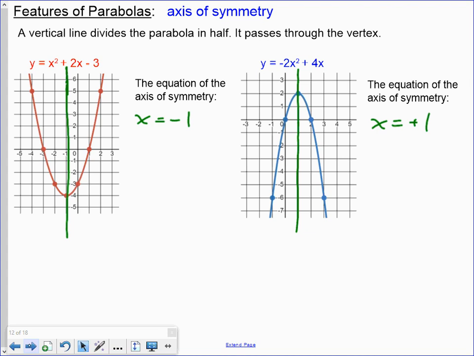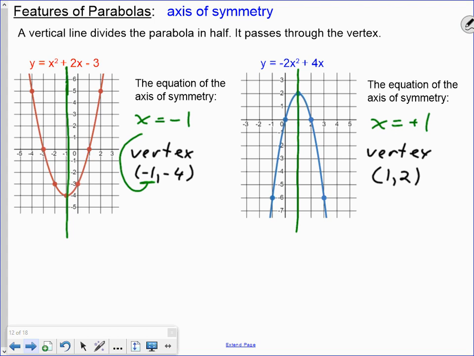This also has a connection to the vertex, because remember our vertex in the parabola on the left is (-1, -4). The x-coordinate of the vertex is the same as our axis of symmetry. Same thing in our other parabola over here. Our vertex is (1, 2).